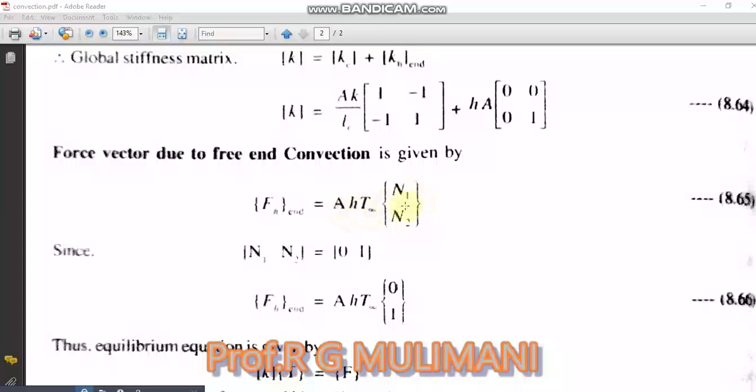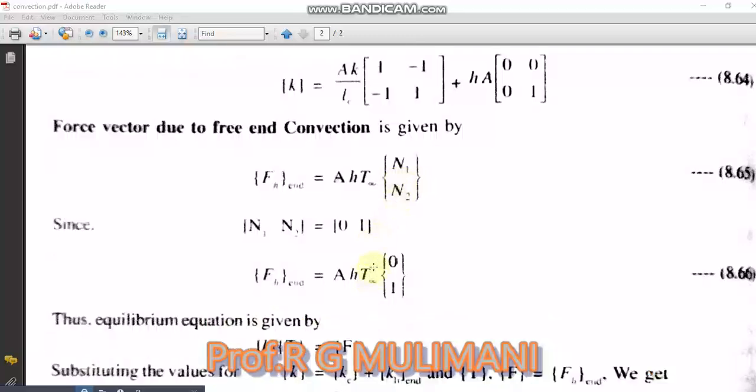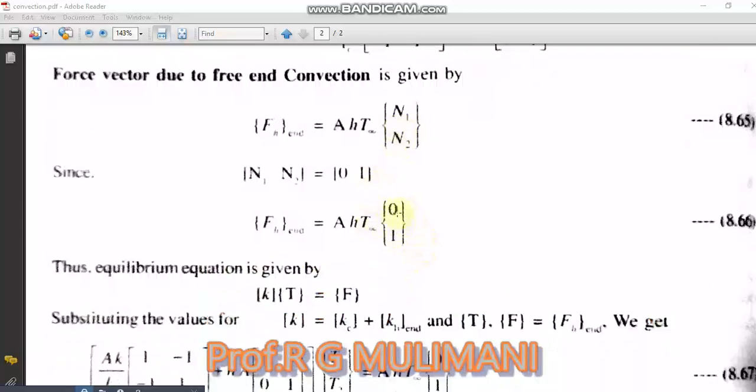Considering the convection, F = A H T infinity times N1 N2, and the N1 and N2 values substituted here give [0 1]. This is also similar: if the convection heat transfer is at node 2, then you write [0 1]; if the convection heat transfer is at node 1, then it is [1 0].